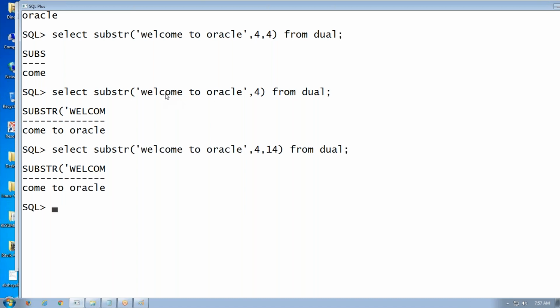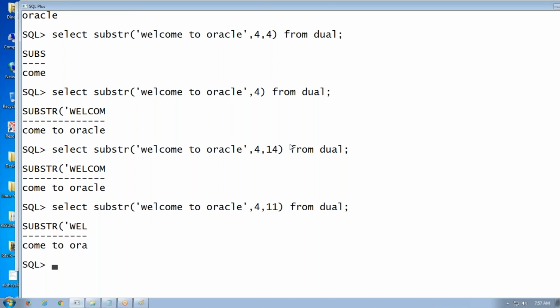But from here, how many characters do you want to print? 1, 2, 3, 4, 5, 6, 7, 8, 9, 10, 11. Only 11 positions I want to print. Then it will print come to Vara. You can display either from the beginning of the string, or from the end of the string, or from the middle of the string by using substring, one of the most important functions.